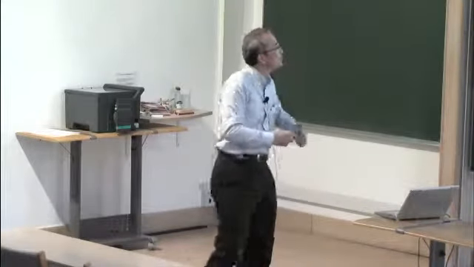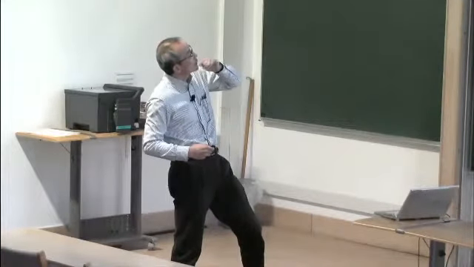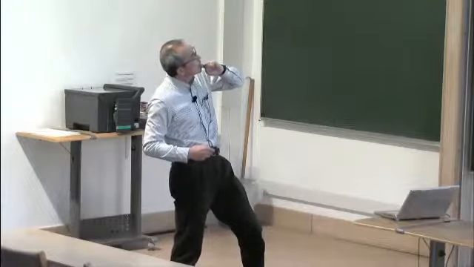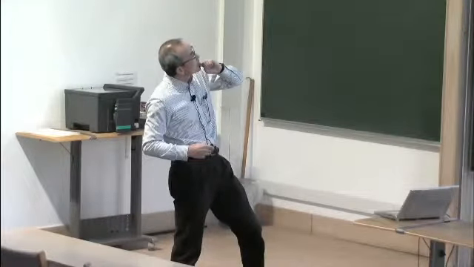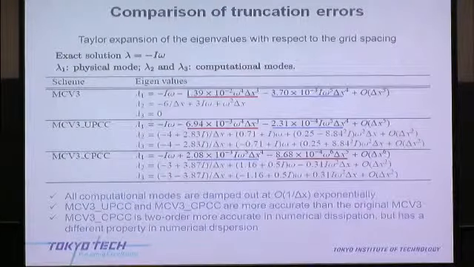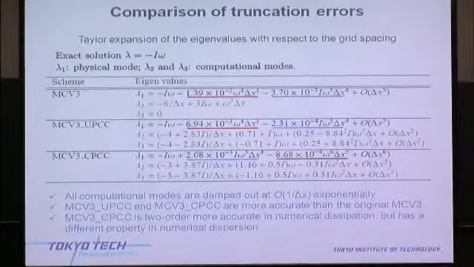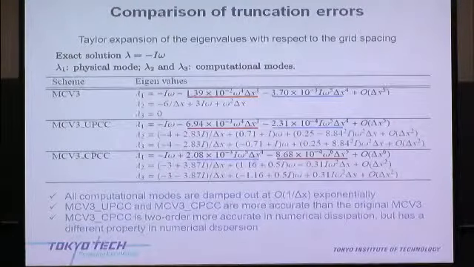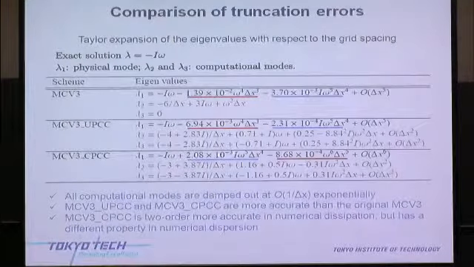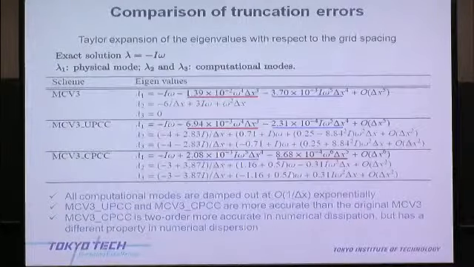This is analysis of a truncation error for a 3-point scheme. So you can see lambda 1 is a physical mode. 2 and 3 are computational or spurious modes. We can see for the computational modes, we have very large negative values.